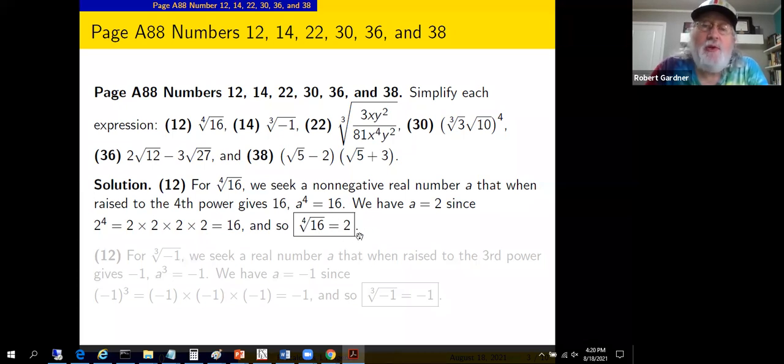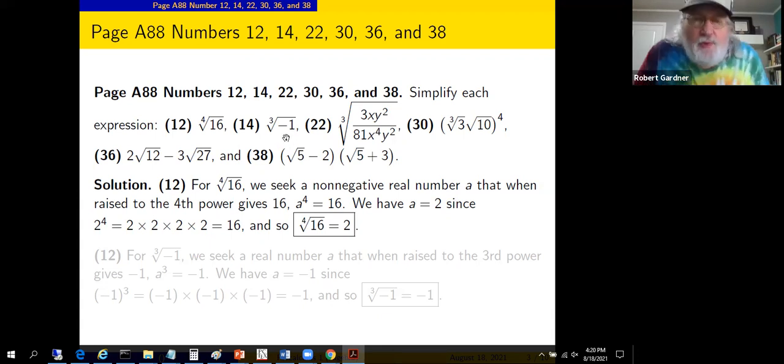It is true that -2 satisfies this little equation right here, a to the fourth equals 16. That's satisfied by both 2 and -2. That wasn't the question. That was something useful in working the question. Remember, fourth roots will be non-negative, so we can't use the -2 for this. It's a little subtle. That's the reason I go on about it over and over.